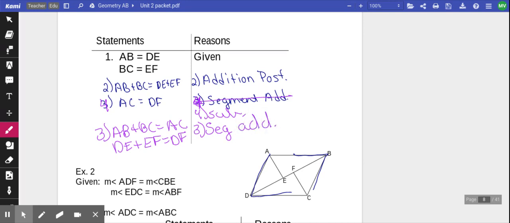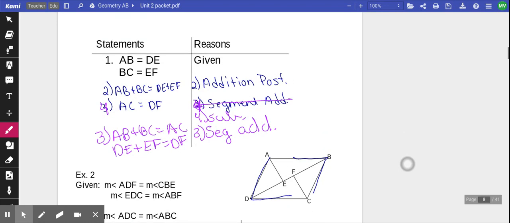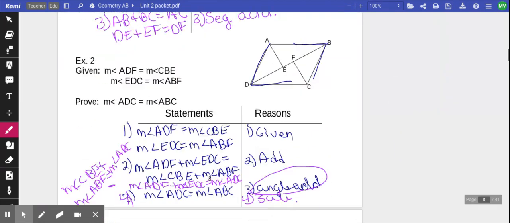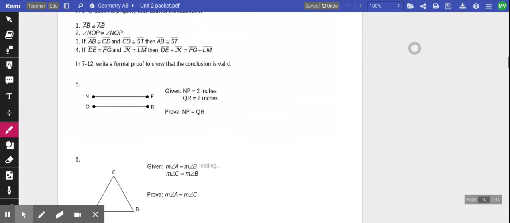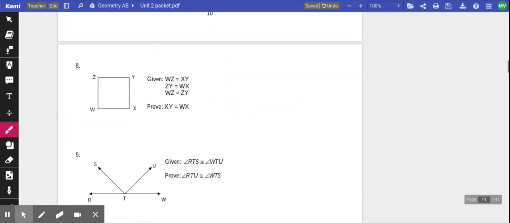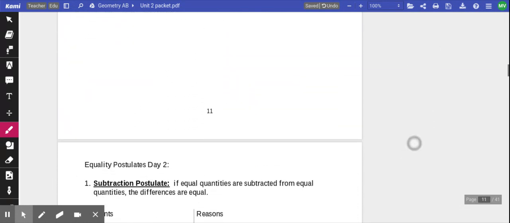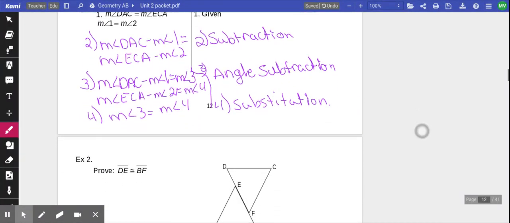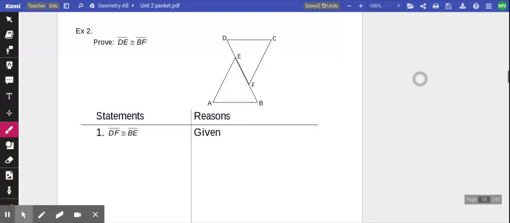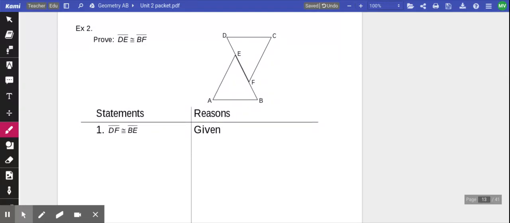So sorry about that. I did want to take a minute and fix that. I was thinking ahead because when we do it in the future, we're going to kind of shorten that all up. But for now, we should show all our steps. Okay, so now we're going to continue on here with example 2. I'd like you to pause and give it a shot on your own and then come back and compare with mine.